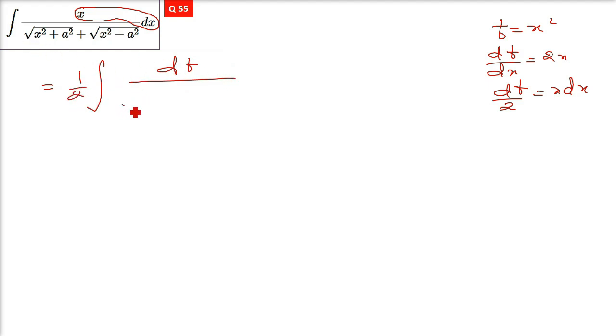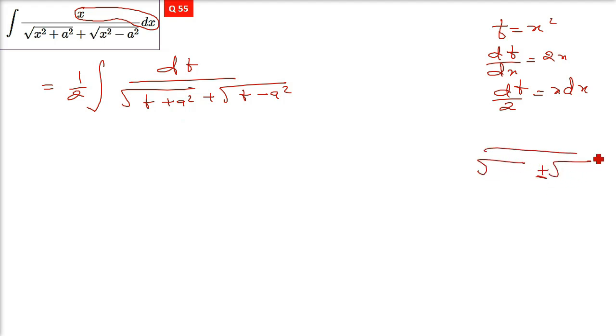In the denominator now this becomes t plus a square plus t minus a square, under the roots. So still we are stuck now. We cannot integrate it directly. But whenever you have roots with a plus, and these root terms are almost similar, the only way to get rid of the root is multiplication through a conjugate, or in different terms, rationalizing the denominator.